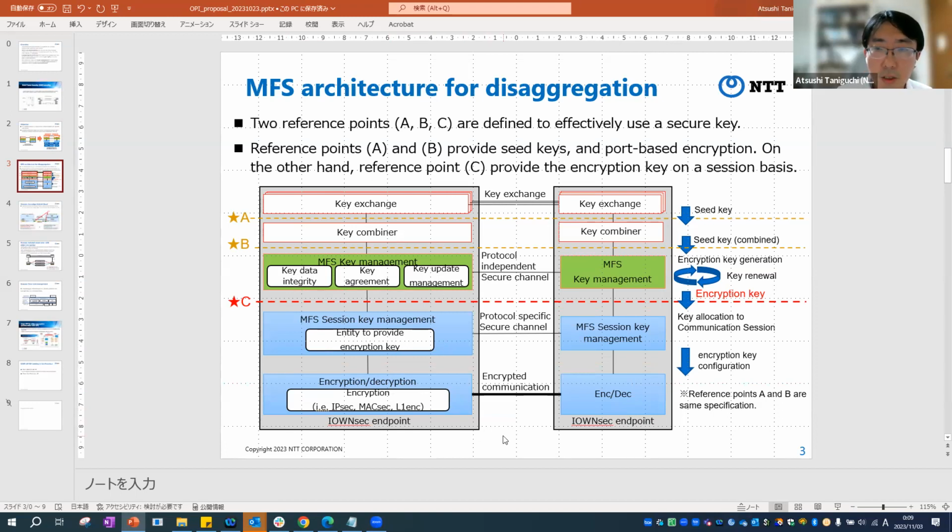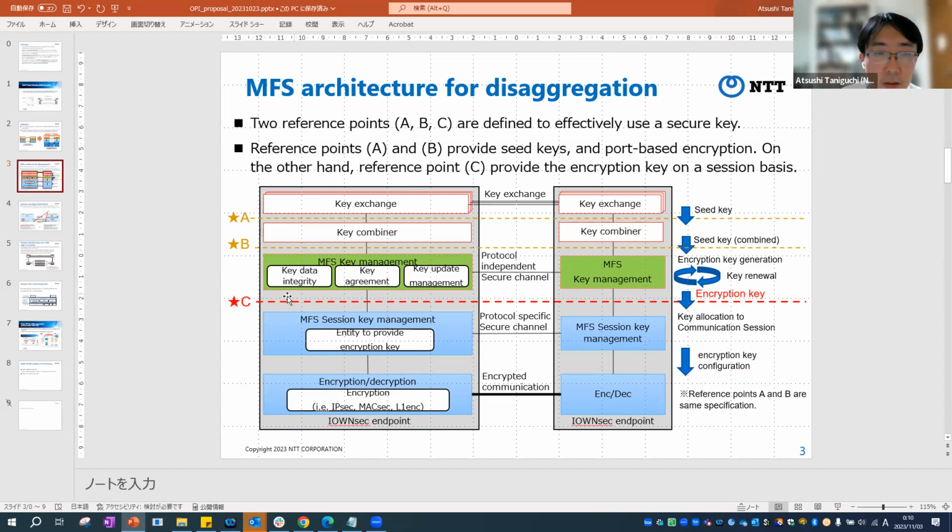Usually conventional techniques provide only a seed key, and after providing the key, an encryption key is created by using key derivation protocols.